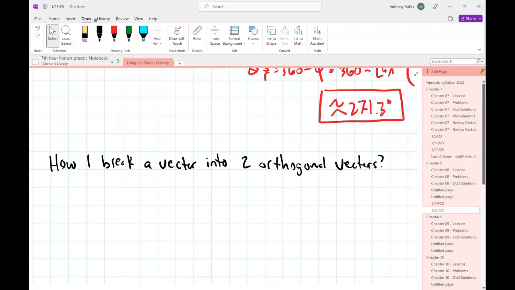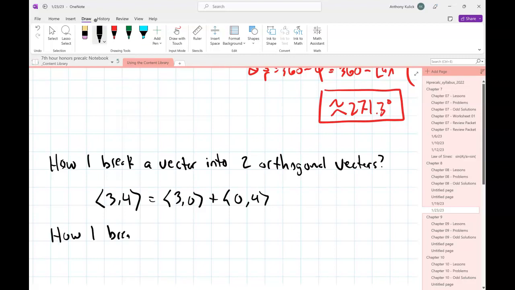Let's say we want to take a vector and break it into the sum of two orthogonal vectors. Well, if your vector's 3, 4, I can do that. I'll just do vector 3, 0 plus the vector 0, 4. That was real easy. Okay, what if we make this a little bit harder?